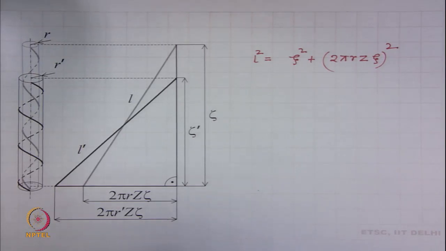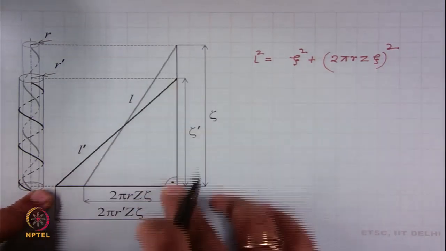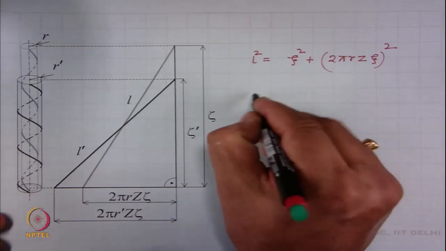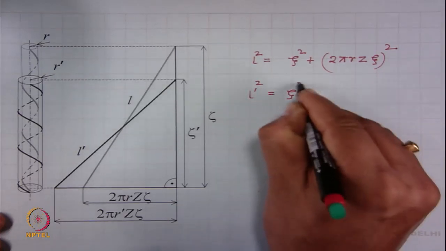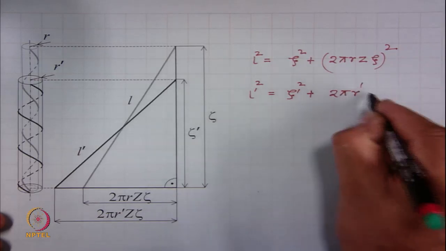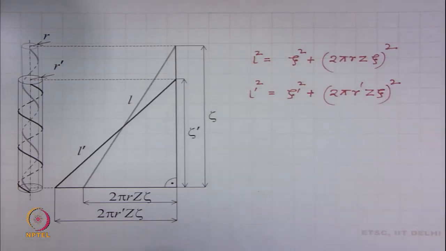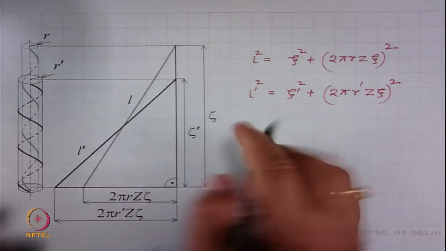Similarly, if we apply the Pythagorean theorem to the triangle after shrinking, then we will obtain l prime square equals zeta prime square plus 2 times pi r prime z zeta square. This second equation can be written in this form.